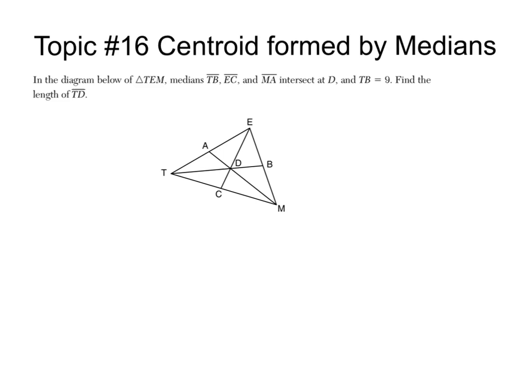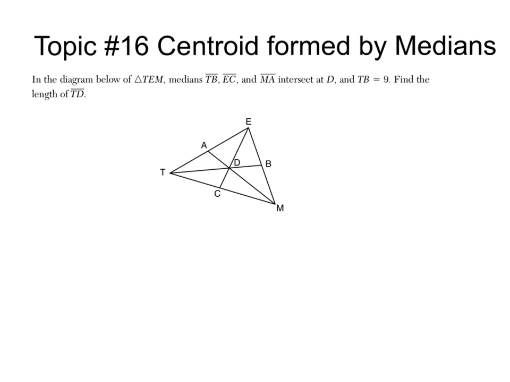Alright, moving on to number 16, centroid formed by medians. Well, this one's a real easy one to get, and it's shown up on the exam enough where it's good to make it one of my 20 topics. Now these segments here in blue are medians.